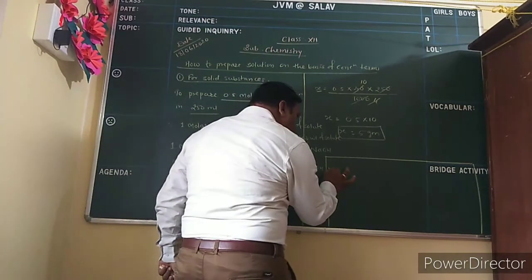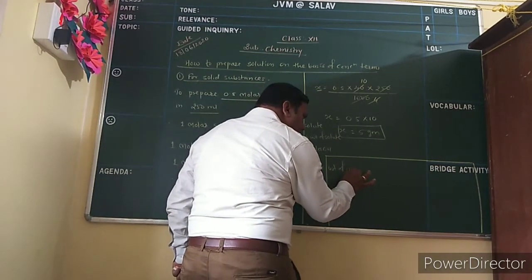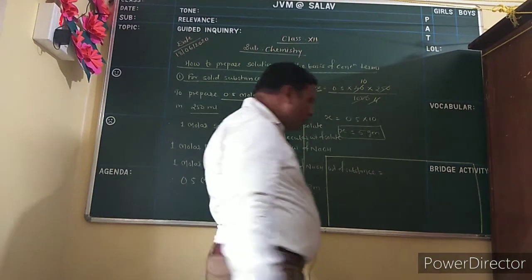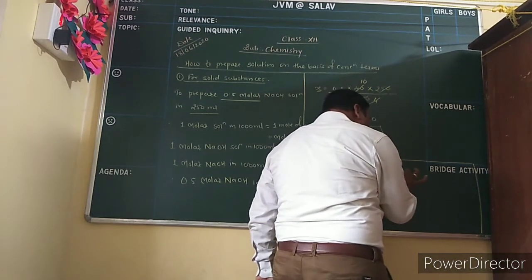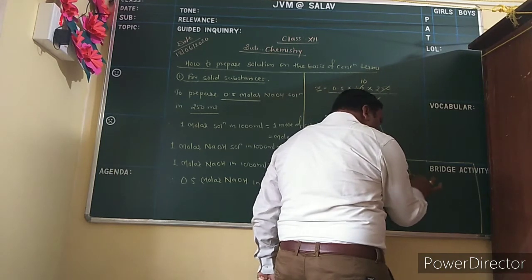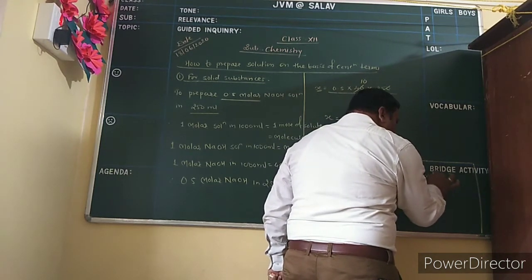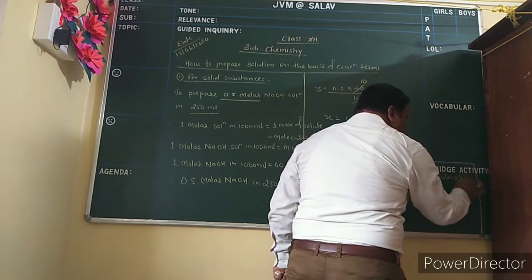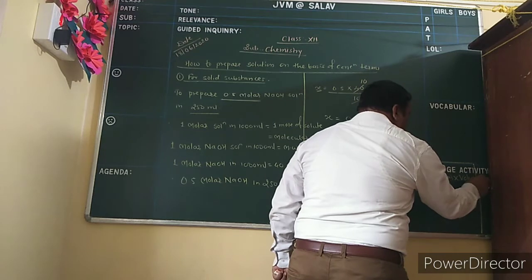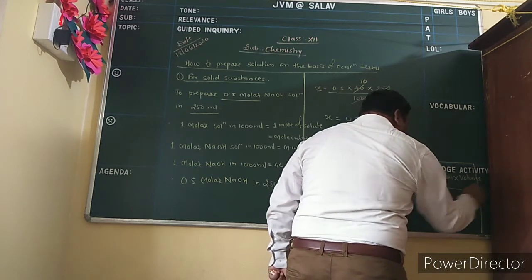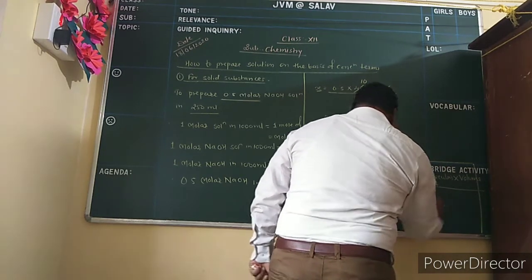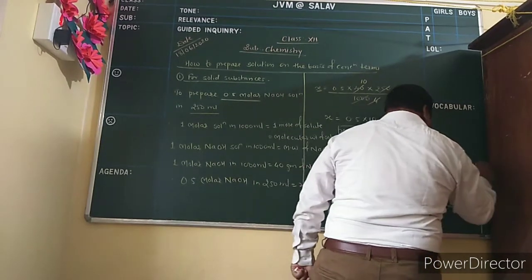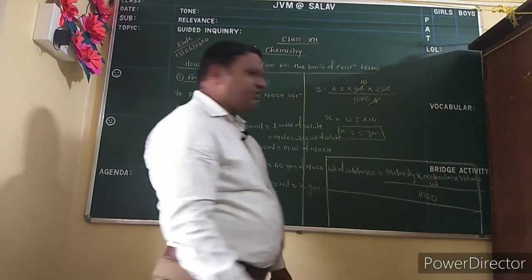So weight of substance is equal to the given molarity into molecular weight into volume upon 1000. This is the formula to determine the weight of substance.